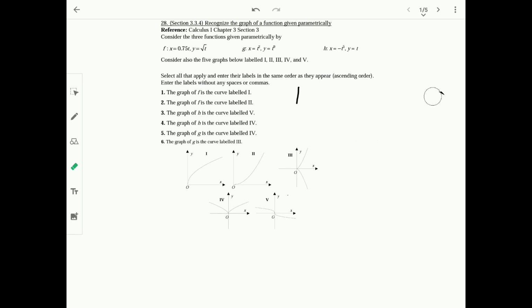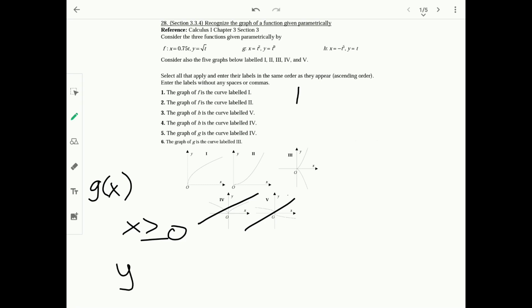In the next question, they're saying g of x, excuse me, x equals t squared and y equals t to the power of 9. Since x is t squared, anything squared is positive, x has to be greater than or equal to 0. Again, cancelling out this and this from our possible choices, right? Y is equal to t to the 9.